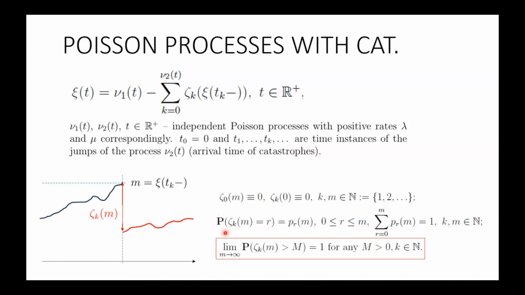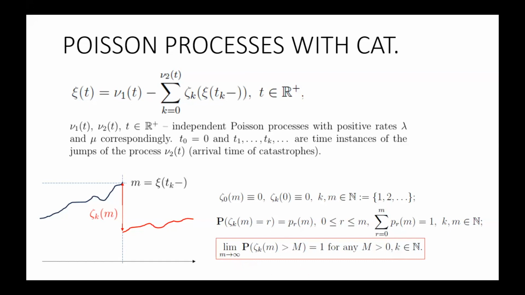But I wanted to draw your attention to the third condition. The third condition quantifies the tendency of a catastrophic event to drive the trajectory away from the epsilon neighborhood.